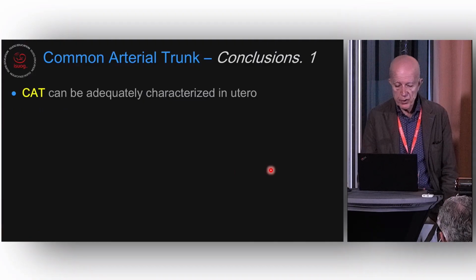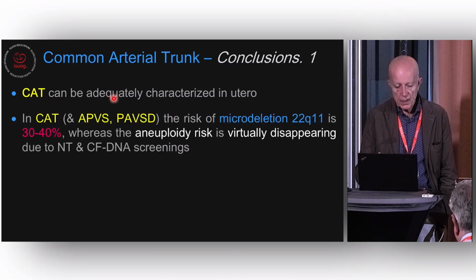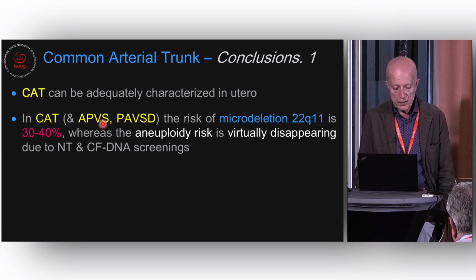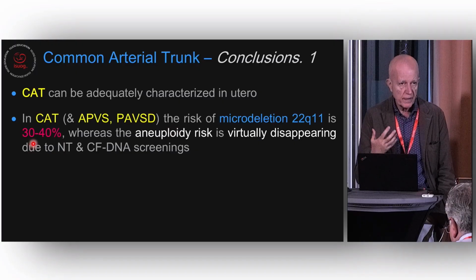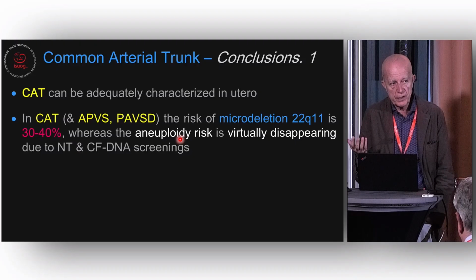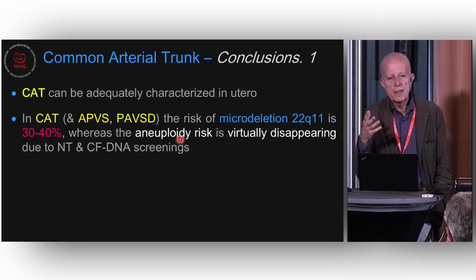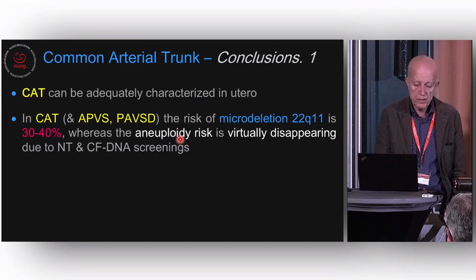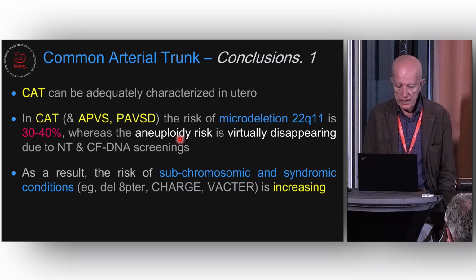So in conclusion, for the truncus, this can be adequately characterized in utero. In this condition, as well as the variants of the tetralogy of Fallot that Simon spoke about before, the risk of association with microdeletion is extreme, in the range of 30 to 40%, whereas the risk of aneuploidy, which is there epidemiologically, is decreasing, because you will eliminate by termination these fetuses earlier in pregnancy, thanks to introduction of cell-free DNA testing.